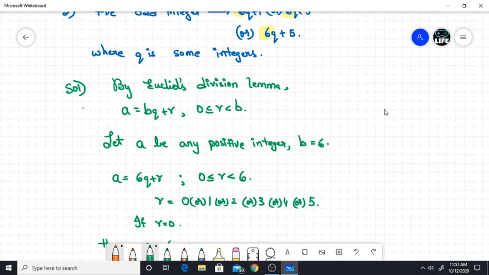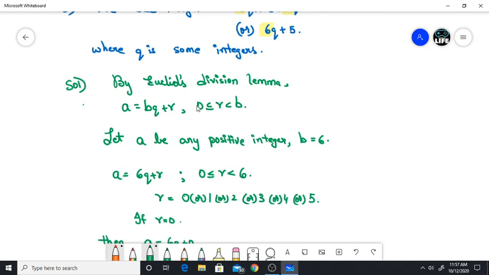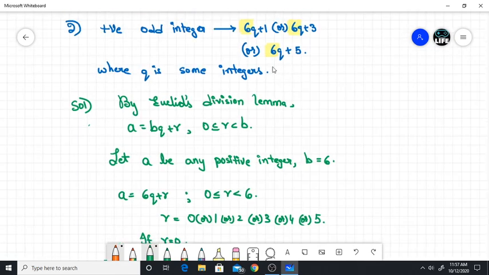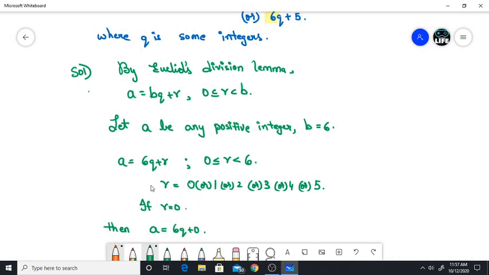By Euclid's division lemma, a equals bq plus r, where 0 is less than or equal to r less than b. Let a be any positive integer, and b equals 6. So a equals 6q plus r, where 0 is less than or equal to r less than 6. So we get the values 0, 1, 2, 3, 4 or 5 as the values of r.